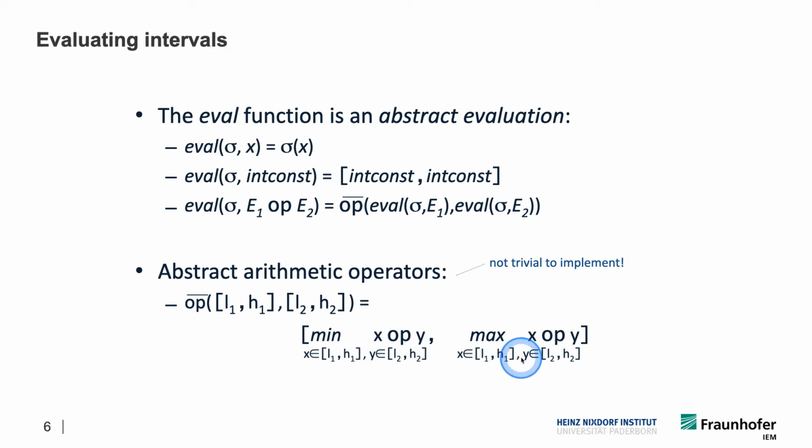Accordingly, the maximal value that you can get out of this should be the right-hand side value that forms the resulting integer interval. I won't go into too much detail about this because that's not the point of the current lecture, but you would have to define these abstract operations on the interval values.